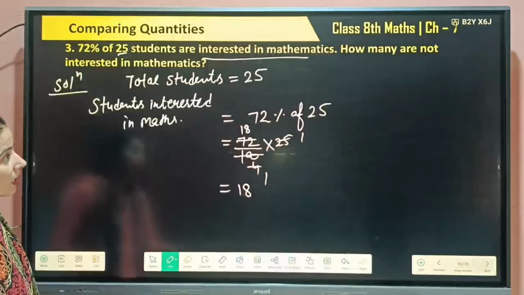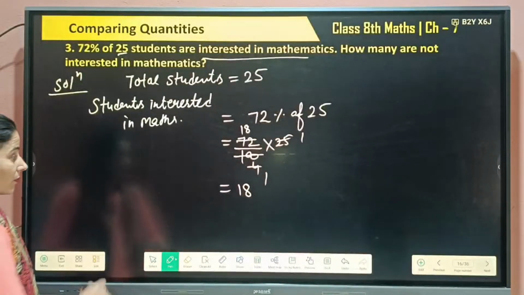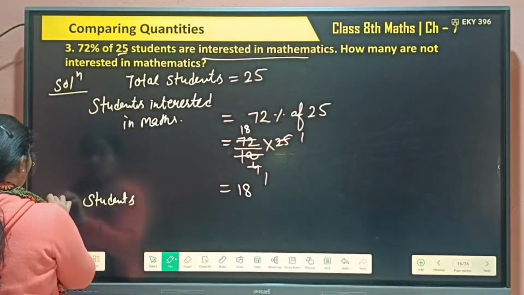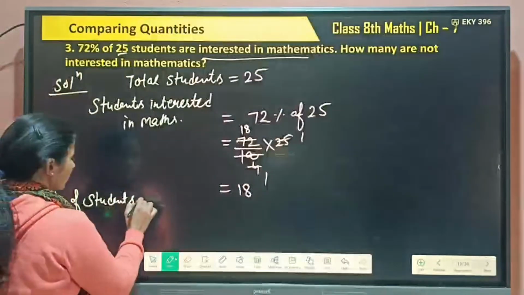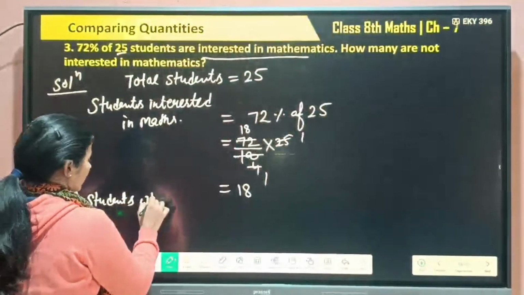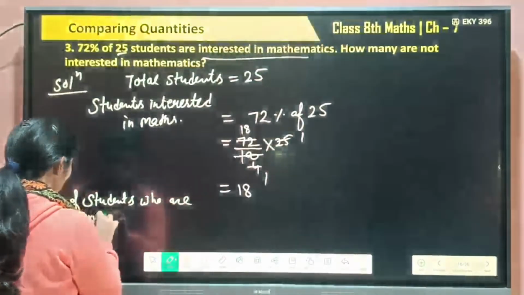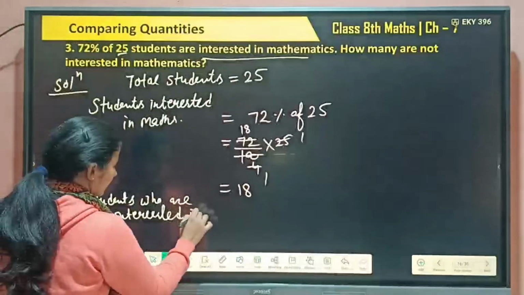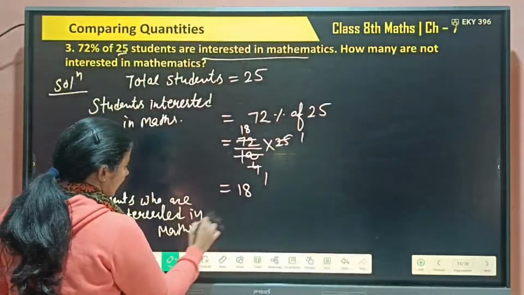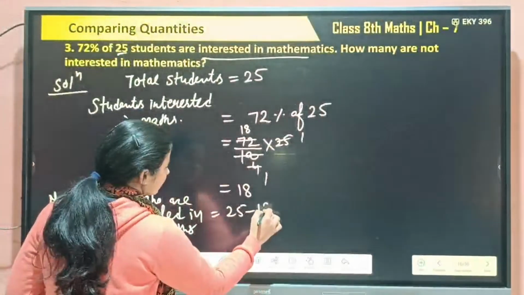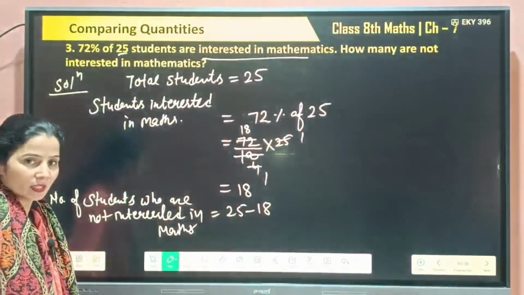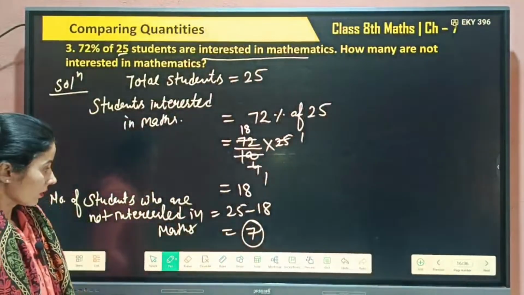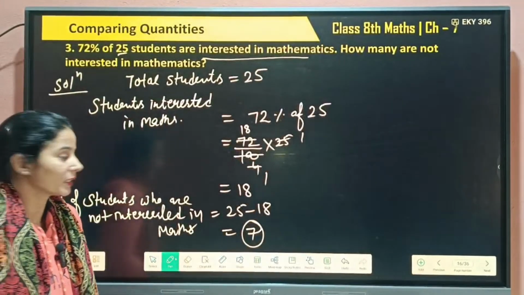So how many are not interested in maths? Number of students who are not interested in maths will be 25 minus 18. 25 minus 18 is 7. 7 students are there who are not interested in mathematics.